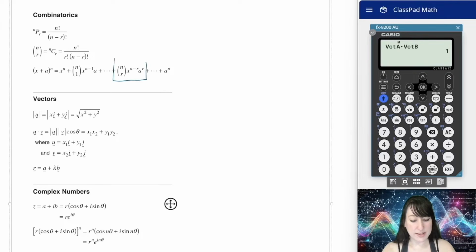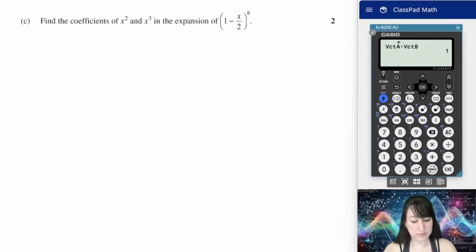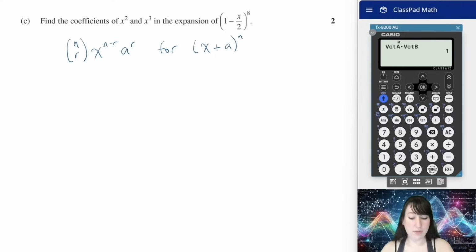This here is the general term of a binomial expansion. Now, what's inside of our bracket looks a little different, but we can substitute in 1 where x is, and negative x over 2 where a is. Of course, in our case, n is 8.